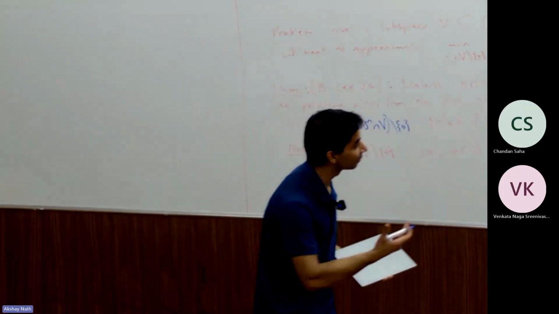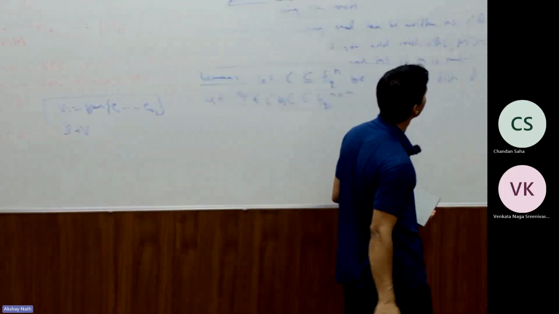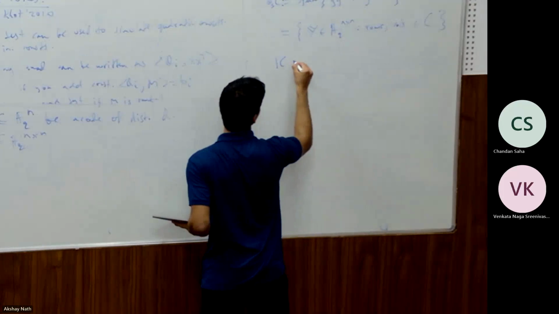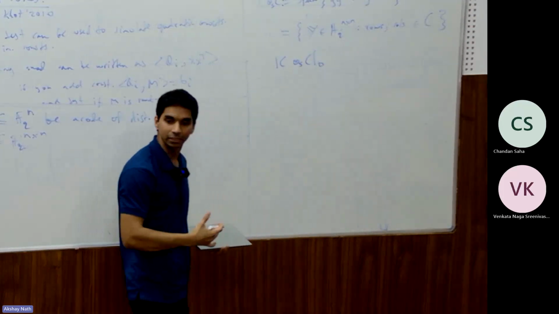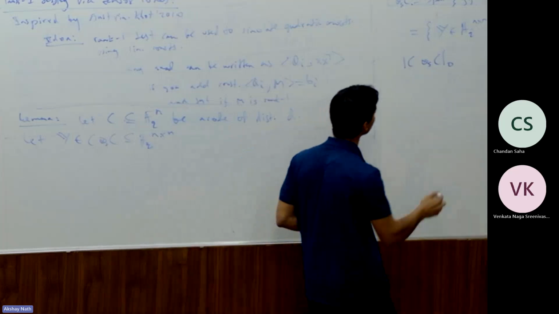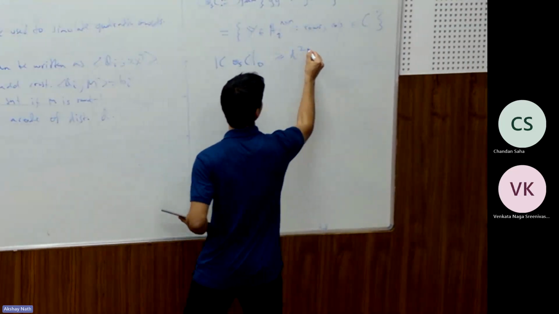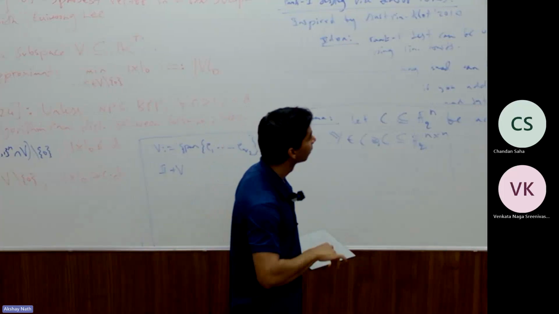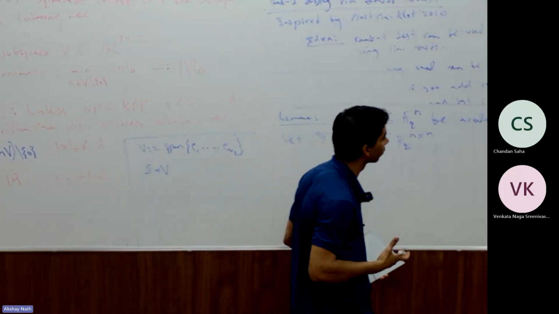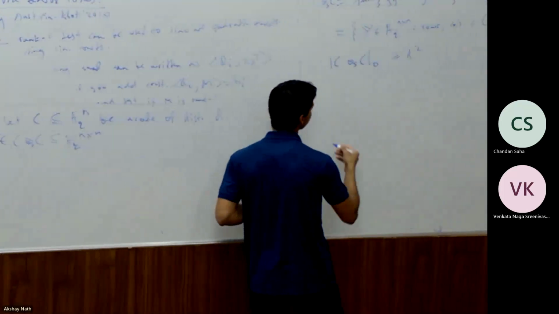Here's a really nice fact. If your code has distance d, then its tensor product has distance d squared. Let's prove this because we're going to adapt this proof in a moment.